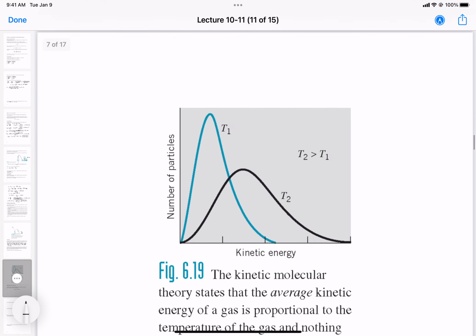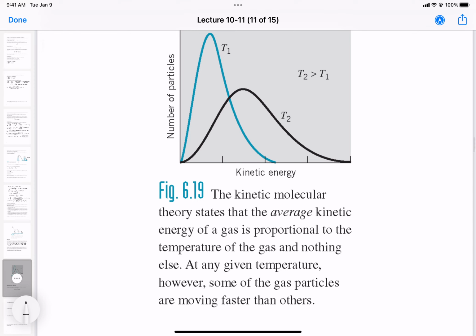If we look at this curve here, the average kinetic energy is proportional to the temperature, and at a lower temperature, most of the molecules will have kinetic energy in between the two, where the curve meets the axis. Only a few of them will have low kinetic energy, and only a few will have high kinetic energy. But on average, most of the molecules will be in this range.